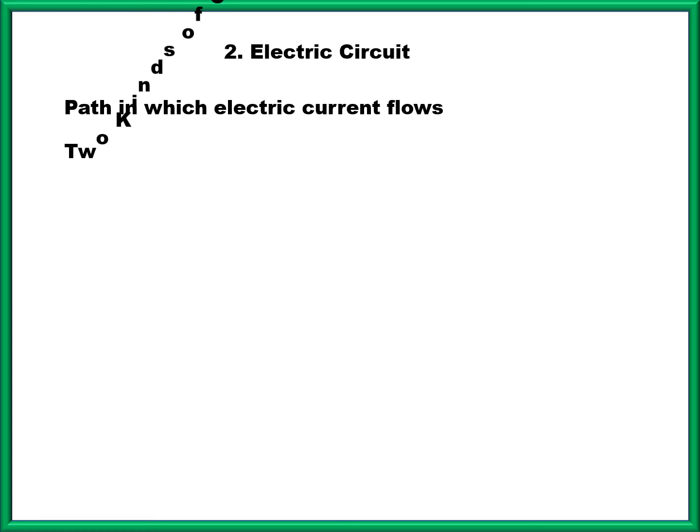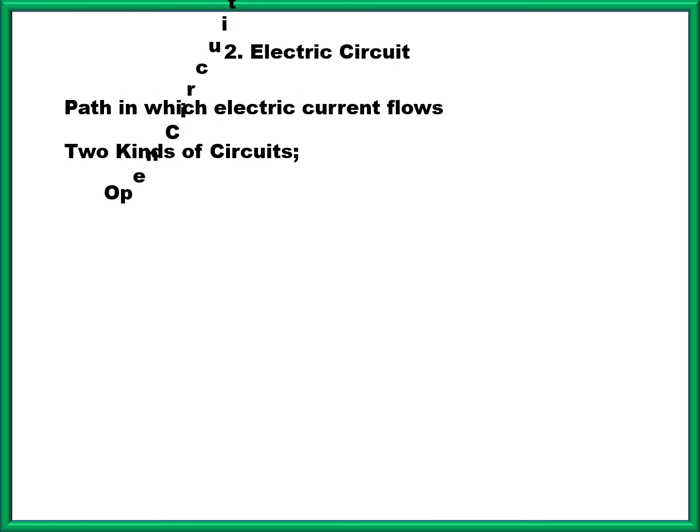Electric circuits are of two types. First one, open circuit. The understanding of the open circuit is that in an open circuit switch will be open, or key will be open, or else there will be a broken connection, so that current will not flow from one terminal to another.